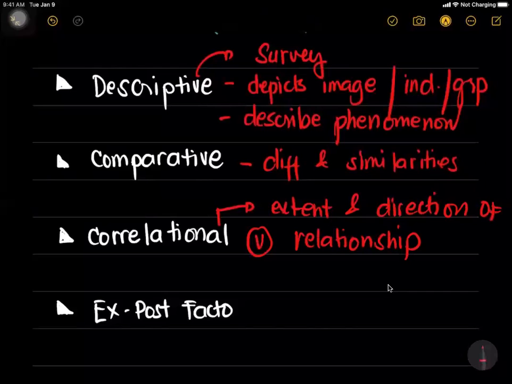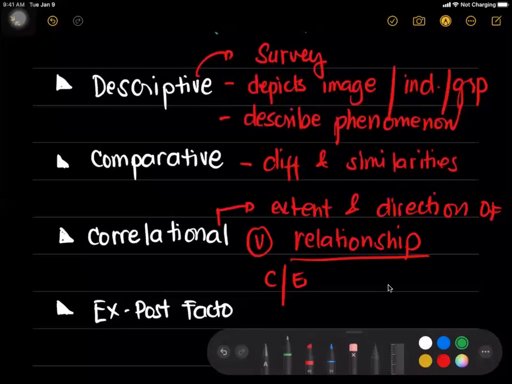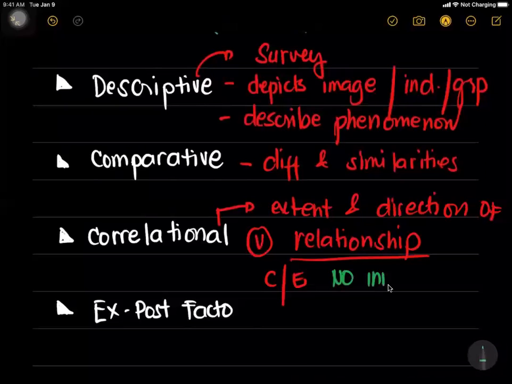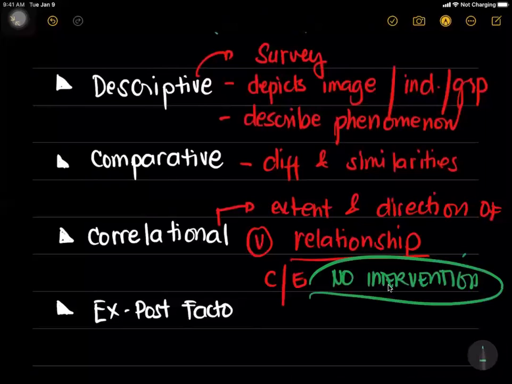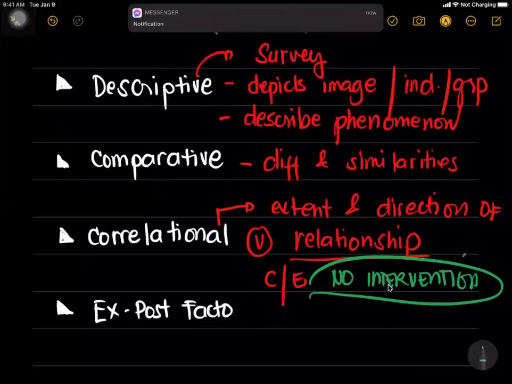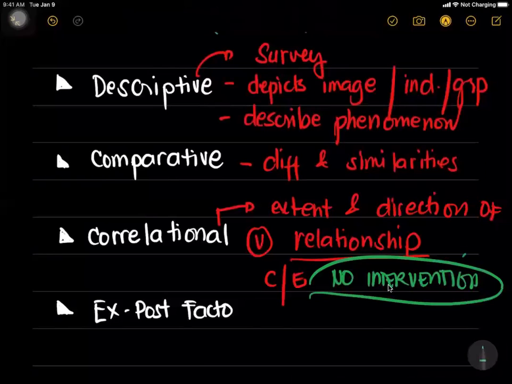Your correlational, you establish a relationship, so probably your cause and effect. But in here, take note, no intervention. Once there is an intervention, it becomes your experimental. But if plainly you wanted to establish the cause and effect relationship of two variables as they naturally exist, or if you're going to predict the behavior of one variable in accordance with the behavior of the other, you're establishing a correlation.